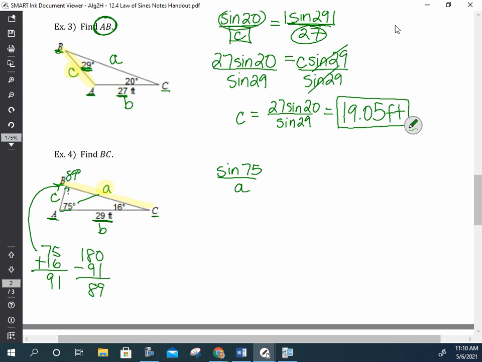Sometimes you're going to have to use that little rule from geometry that all 3 angles in a triangle have to add up to 180. You don't have to be told to do it. You just need to go and do it. So there's our setup. Now that we have our setup, everything else works the way it's supposed to. 29 times sine of 75 equals A times sine of 89.